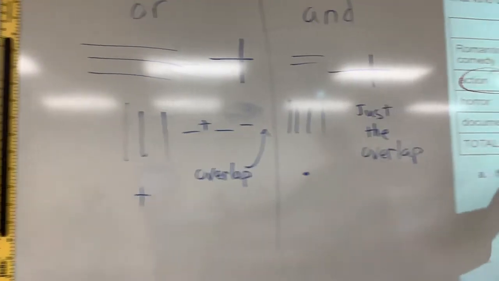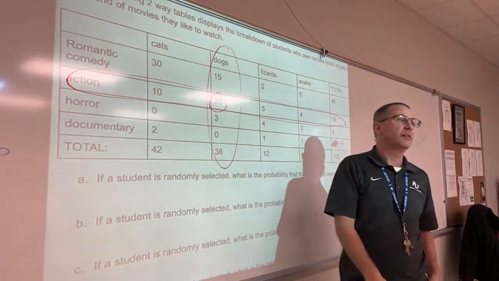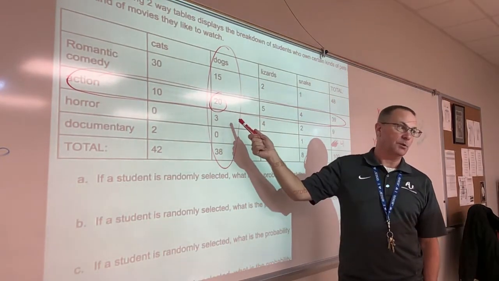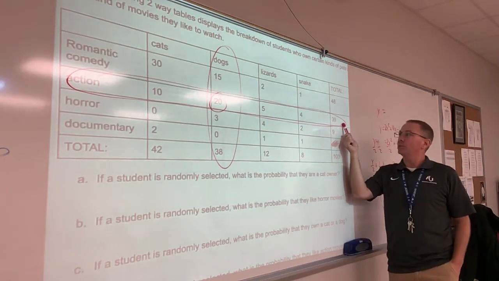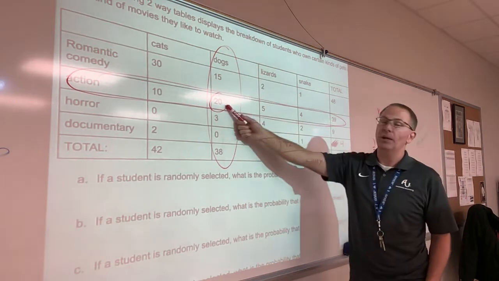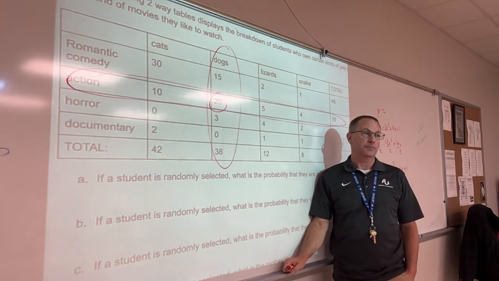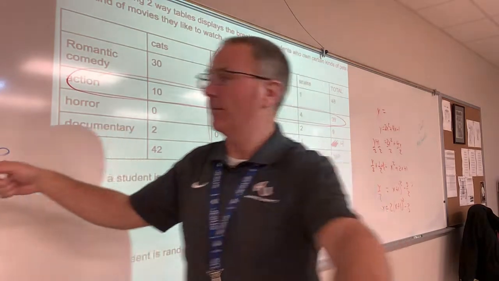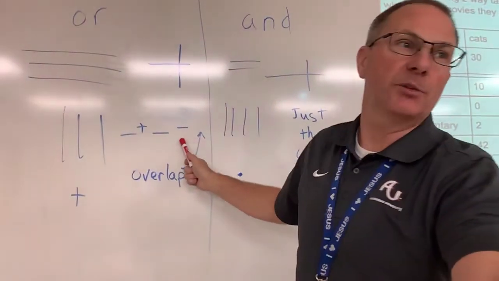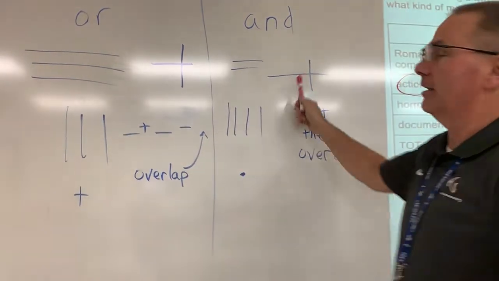So again, the probability that you are a dog owner or you like action movies: dog owner would be 38 out of 100, action movies 39 out of 100, but you better subtract 20 out of 100 from that because you added it twice. So if they cross and you have an or, make sure you subtract what's overlapped. That's the shortcut.